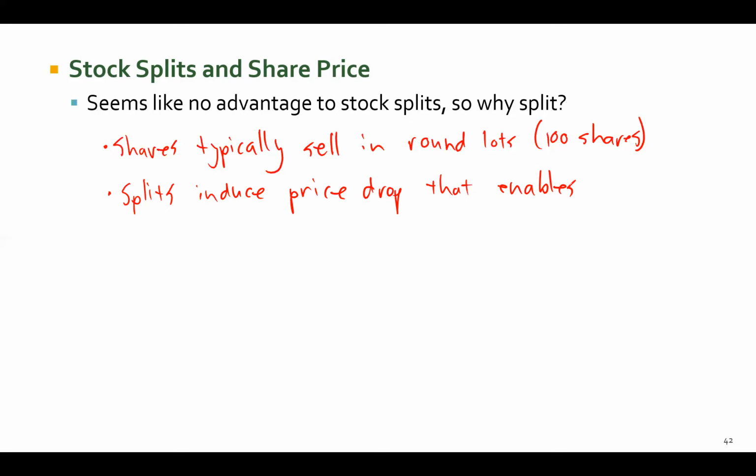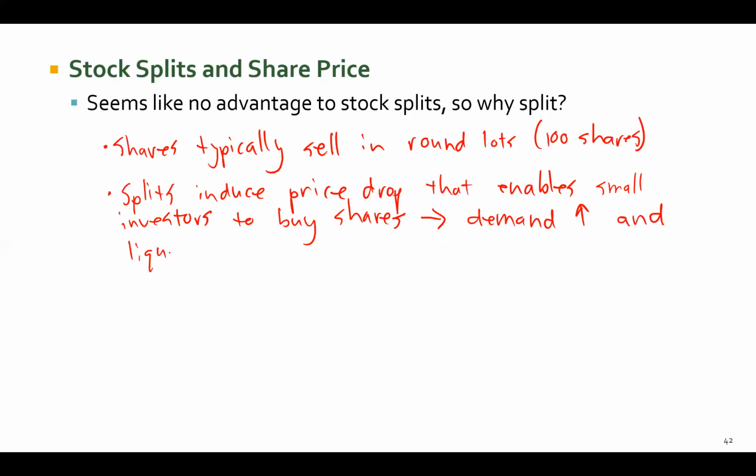The cheaper you can make a share of stock, the more investors those shares become available to. When you open up your shares to new markets, that's going to increase demand. And when demand increases, liquidity increases.